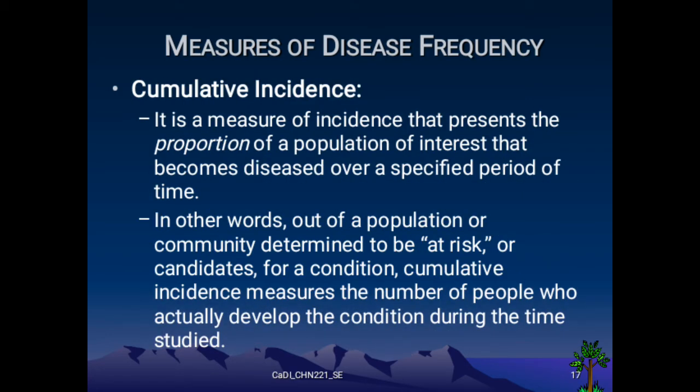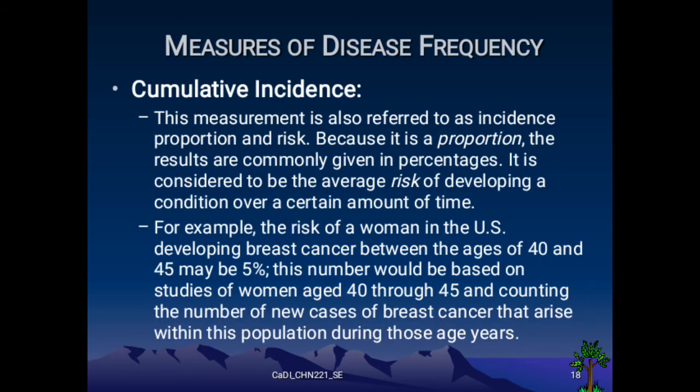Cumulative incidence. It is a measure of incidence that presents the proportion of a population of interest that becomes diseased over a specified period of time. In other words, out of a population or community determined to be at risk or candidate for a condition, cumulative incidence measures the number of people who actually develop the condition during the time studied.